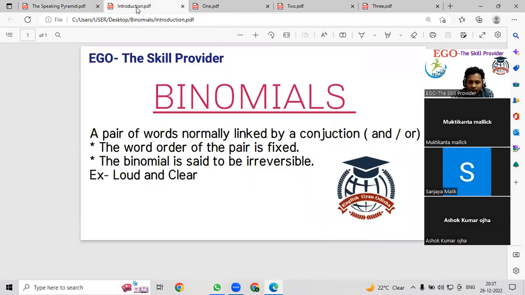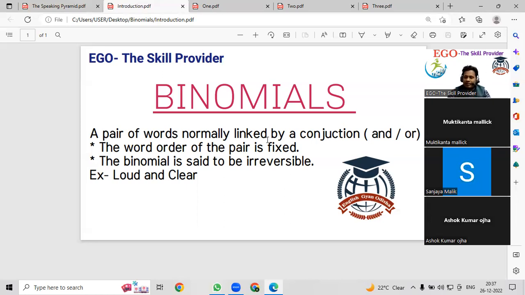But today we are focusing on binomials. So what is a binomial? Just check it out. This is a pair of words normally linked by a conjunction. Conjunctions like and, or, these are called conjunctions. The word order of the pair is fixed.